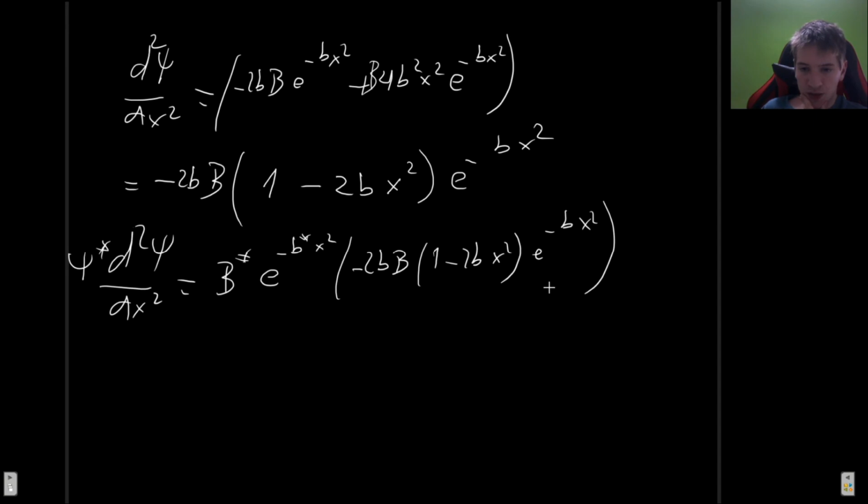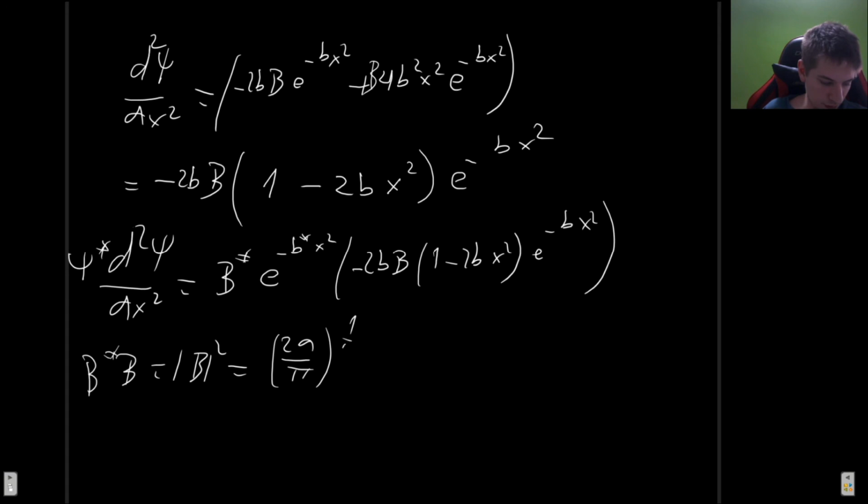Okay, so here there's two main things that we have to look at. We are going to have the product b conjugate b, which is just going to be the absolute value of b squared. And since b was 2a pi to the 1/4 power times 1 divided by square root of 1 plus I theta, that's b. So b conjugate, this part will be the same, but this will flip, so we get 1 minus I theta times the same thing.